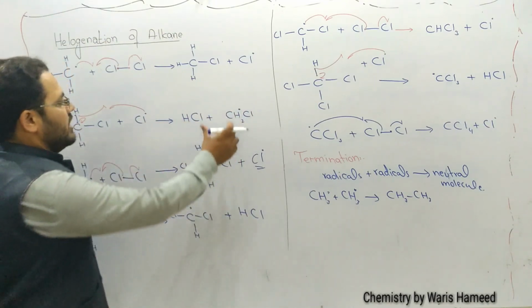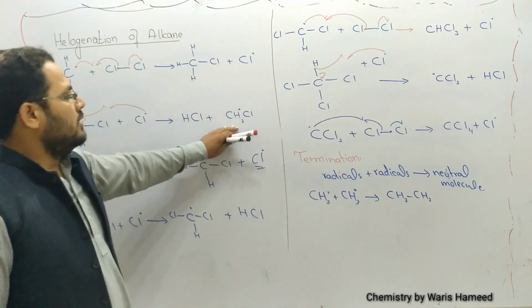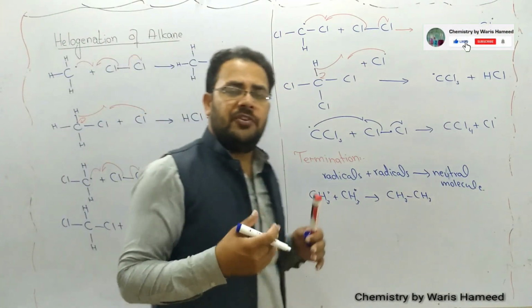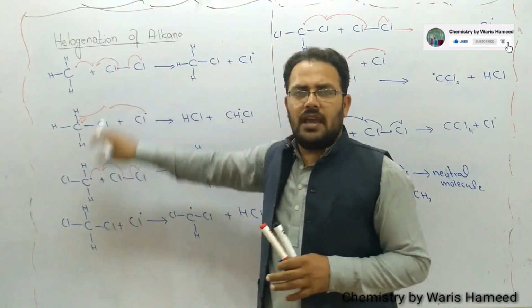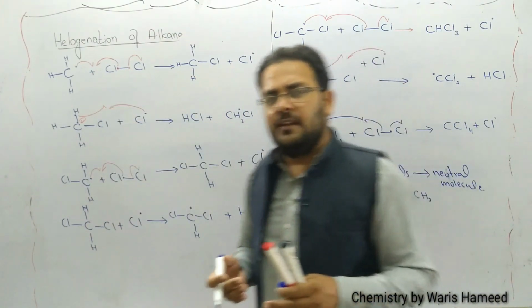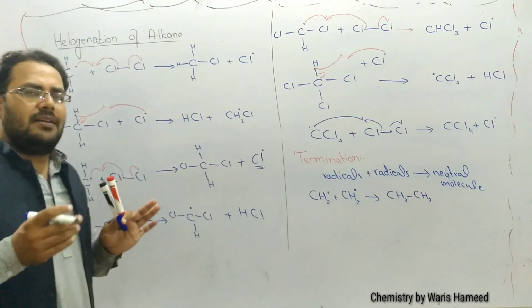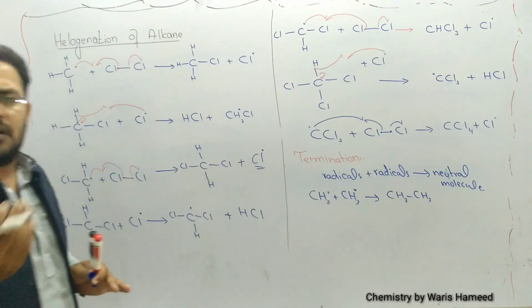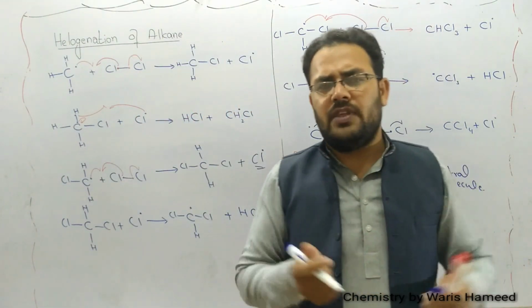We can also react this radical with another radical, and there will be the formation of different products. This type of reaction can be used to obtain different products, and it is very useful but less accurate because it also contains multiple products and we have an issue to separate all of them.